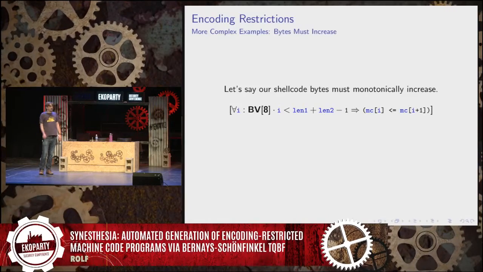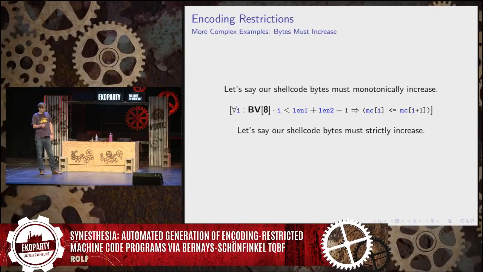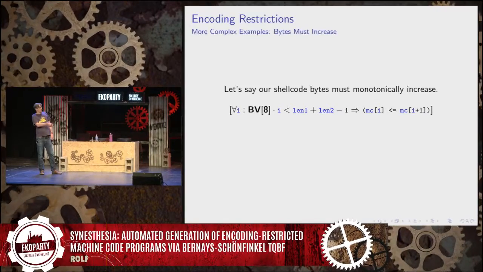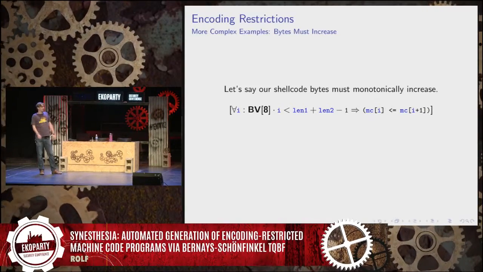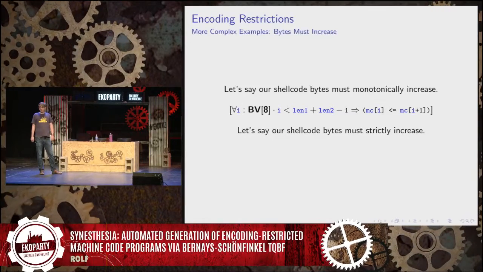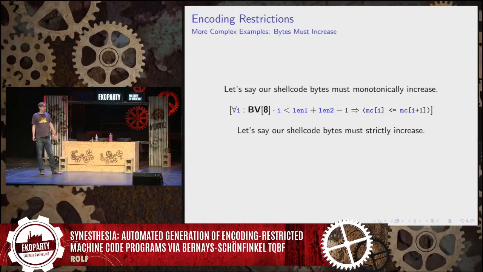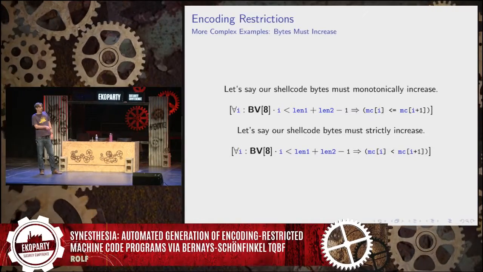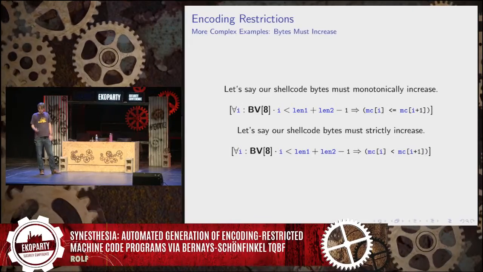So I can specify that by saying each byte is less than or equal to the next byte. Or if it must be strictly increasing, then instead I just use each byte is strictly less than the next byte.